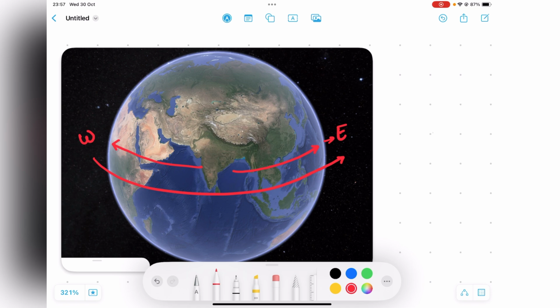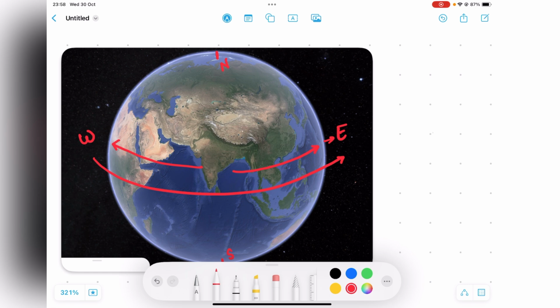North and south are relatively more simple. We have a line joining the North Pole all the way to the South Pole, right? So the direction on the Earth's surface, if it is going to the top, it is north. If it is going to the bottom, it is south.